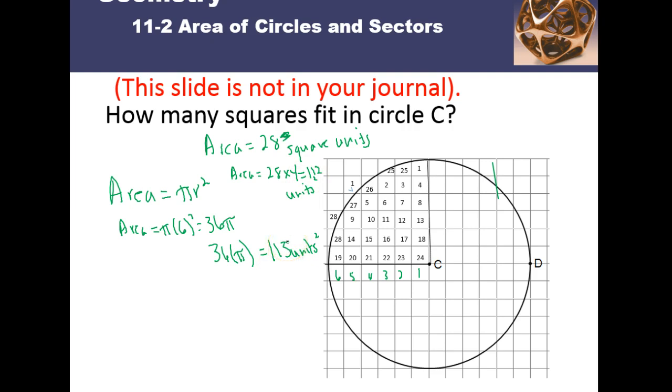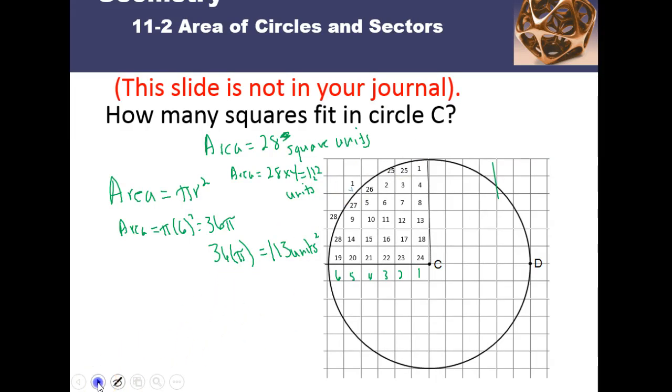By just counting, I came fairly close to the area. So I just wanted to recap what area actually means. Remember, area is the number of squares of a certain size that fit into a circle.